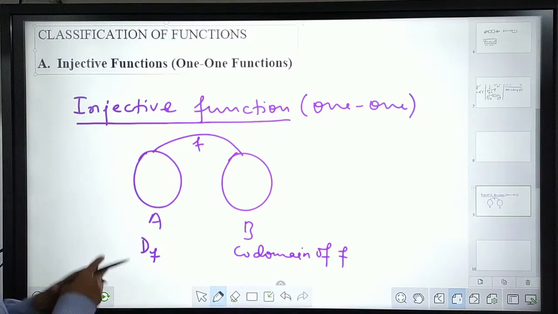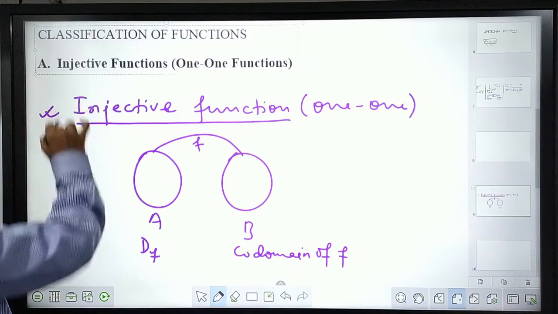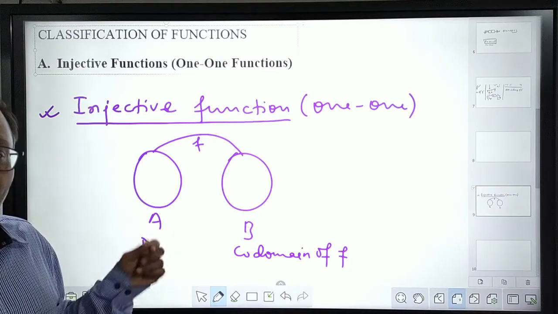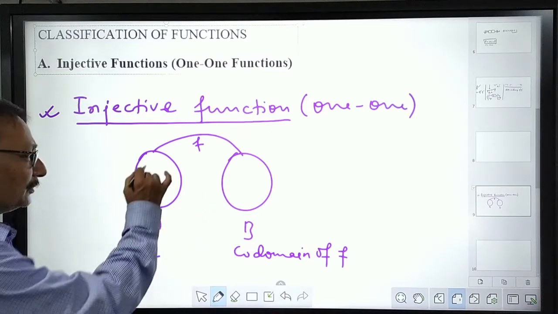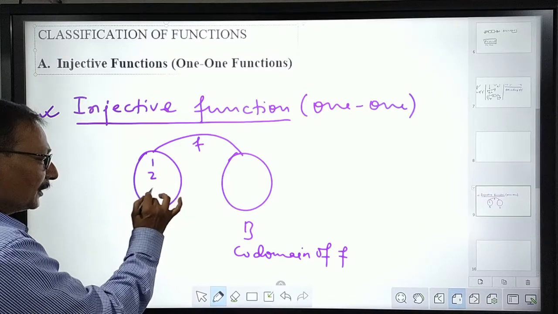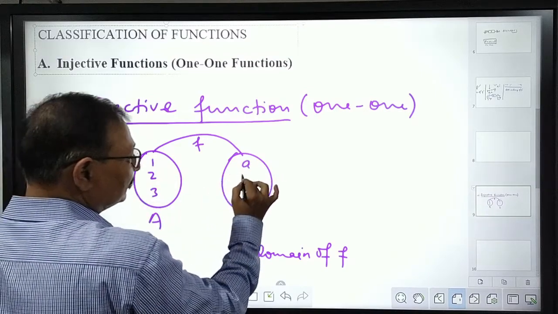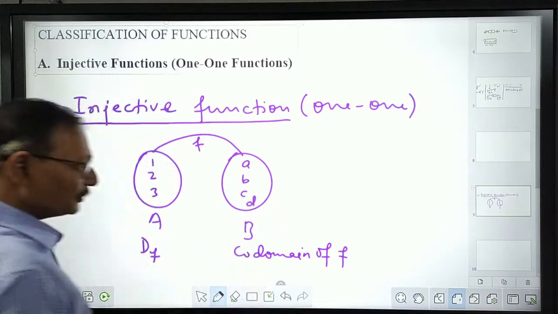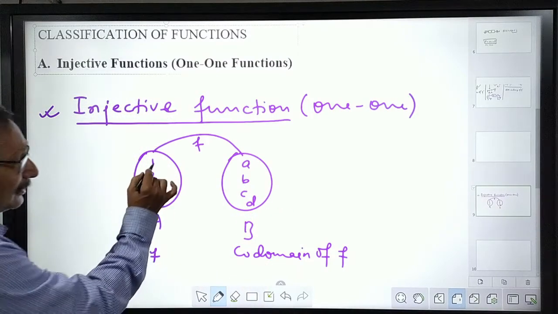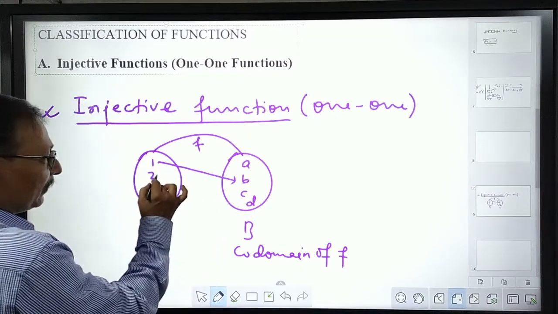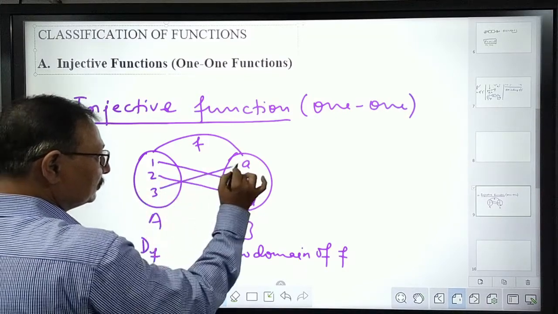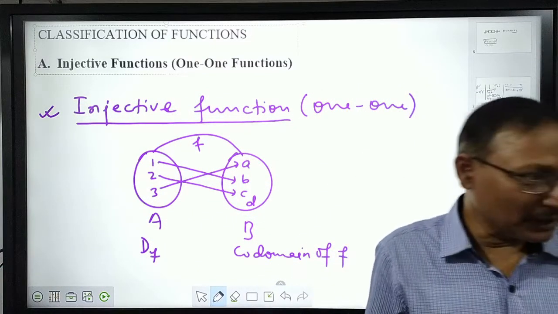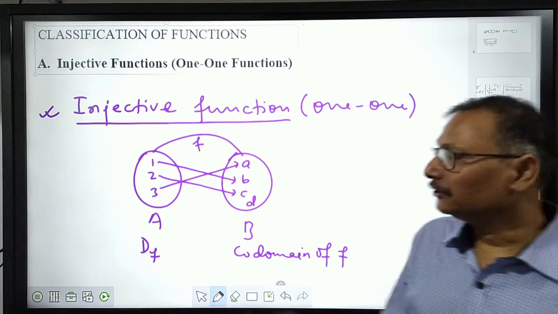And now if we have one characteristic added to this, that the elements are 1 to 1 paired, that means if elements of A are taken as 1 to 3 and elements of B are taken as a, b, c, d, suppose, and if they are paired in such a way, then this kind of function is known as 1 to 1 function.